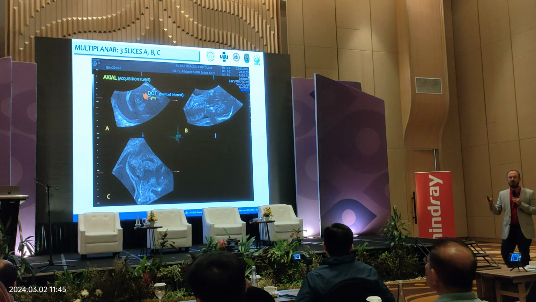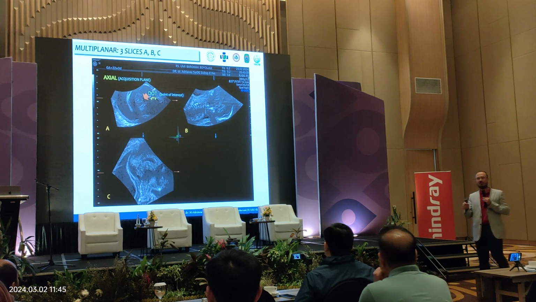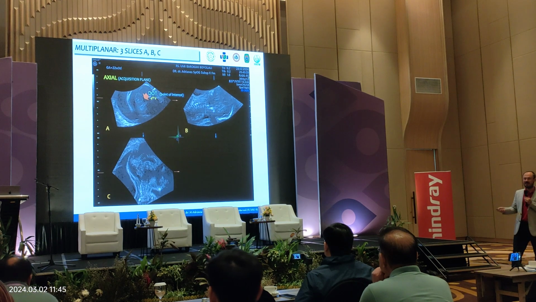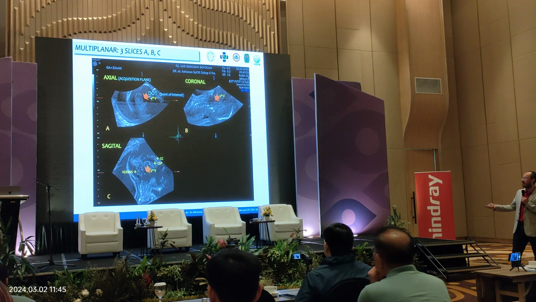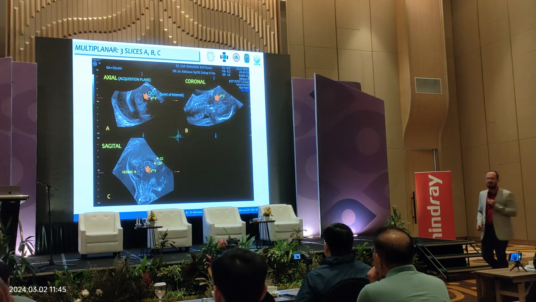So if we make a multiplanar with the point of interest in the fourth ventricle, we can see the corpus callosum, the cavum septum pellucidum, and for the most part the vermis of the cerebellum. Very clear, and we can do the diagnosis with this.